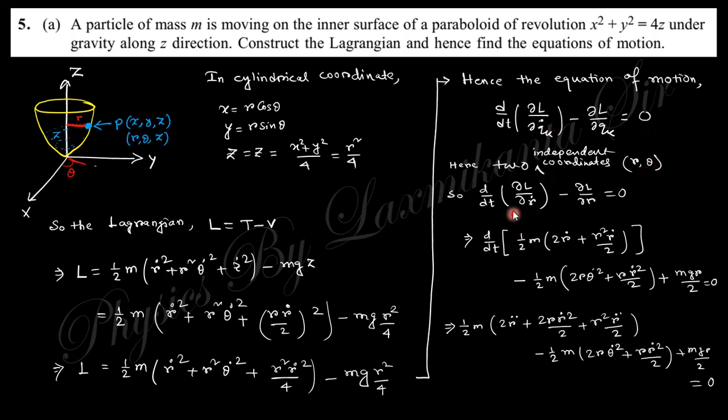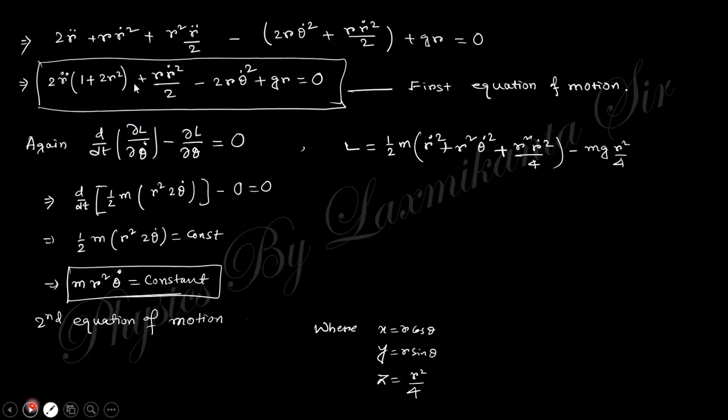If you just take the derivative with respect to this one, putting this value, you will get this. Calculating, you will get this as the equation of motion. And there is another variable, theta. For theta you will get the other equation of motion.